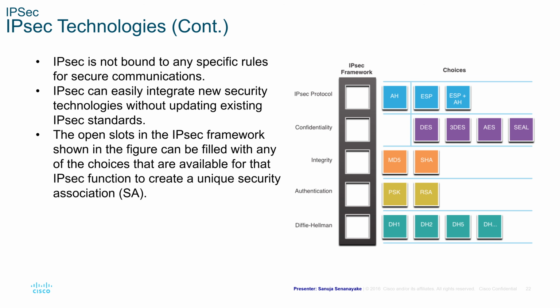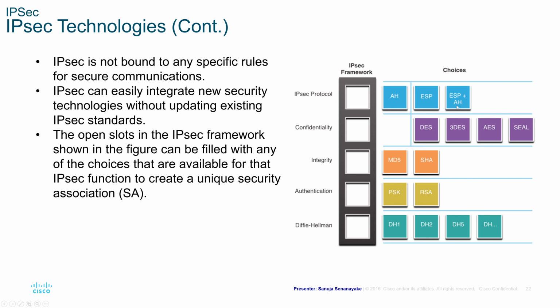SA is a unique security association. So that is a really flexible way of implementing something, right? Because IPsec is not bound to any specific rules for securing communication. You can use other methodologies to secure your data and communication within the IPsec framework.